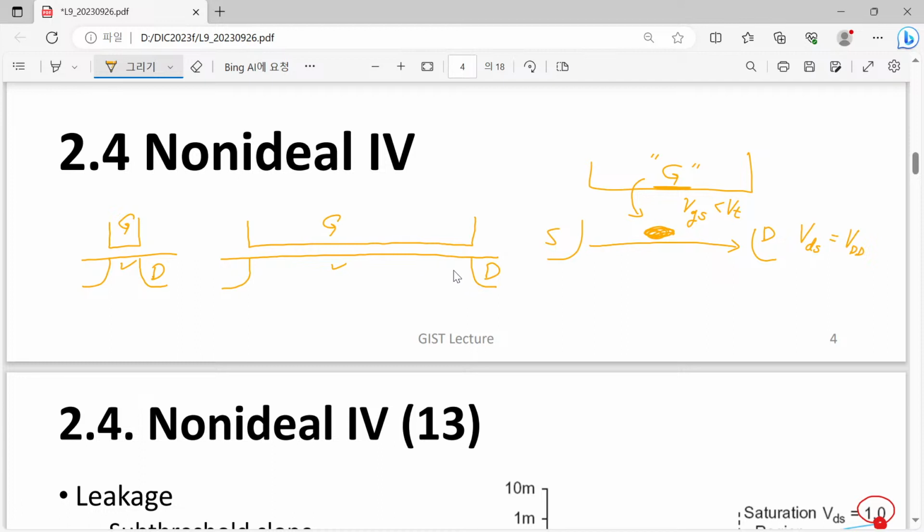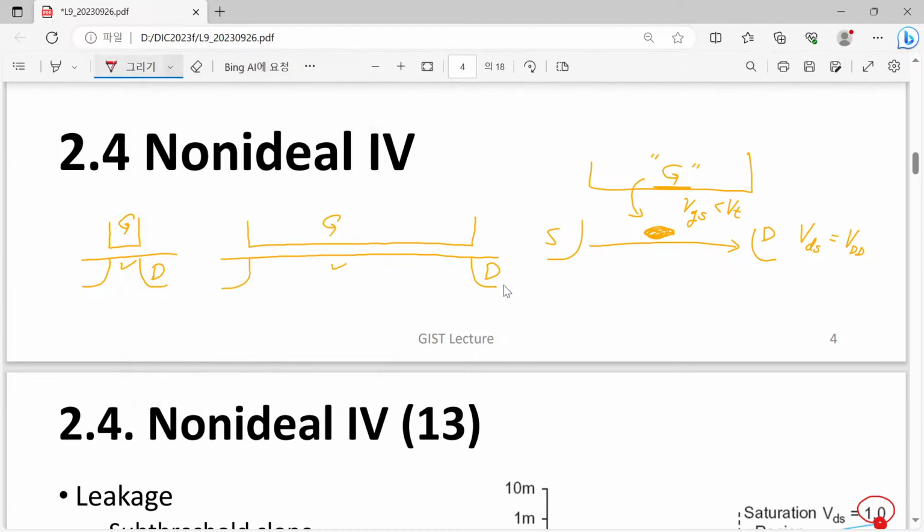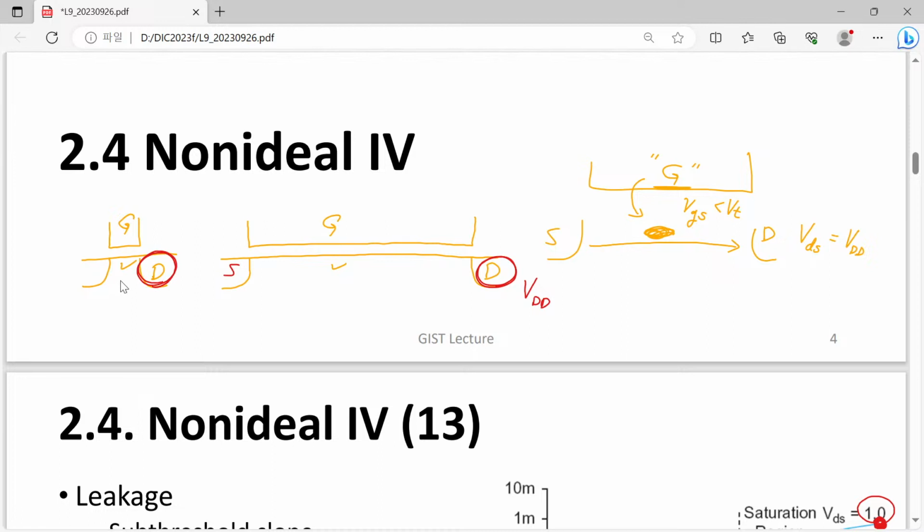So you can understand that in this case, drain is too far from source. So although we increase this value, that does not change the current value. However, in the case of this short channel device, changing the drain voltage can affect this source region too.